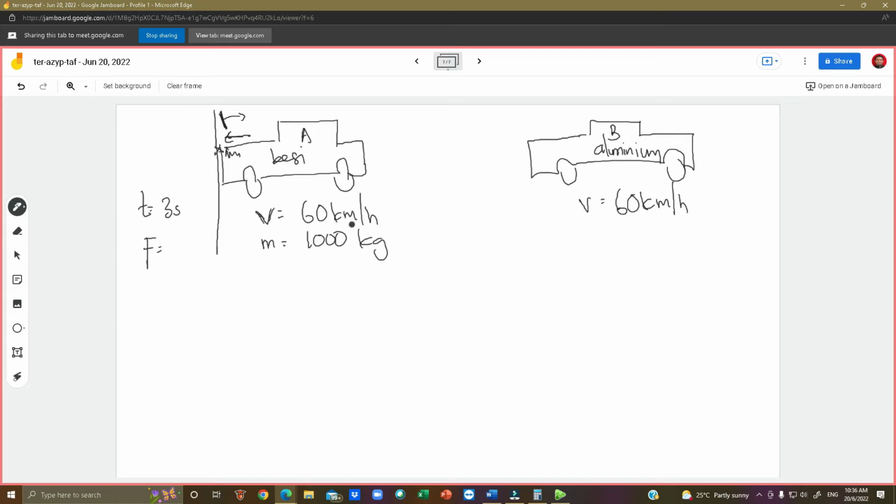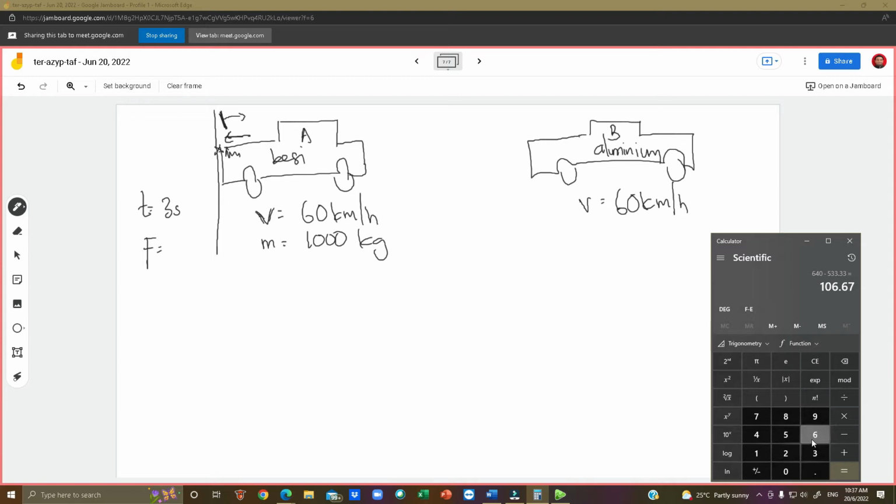Tu kita kena tahu yang tu. 60 km per jam. 60 km sama dengan berapa meter? 60,000. Okay, 1 jam ada berapa minit? So 1 jam ada 60 minit, setiap minit ada 60 saat. So 1 jam ada berapa saat?